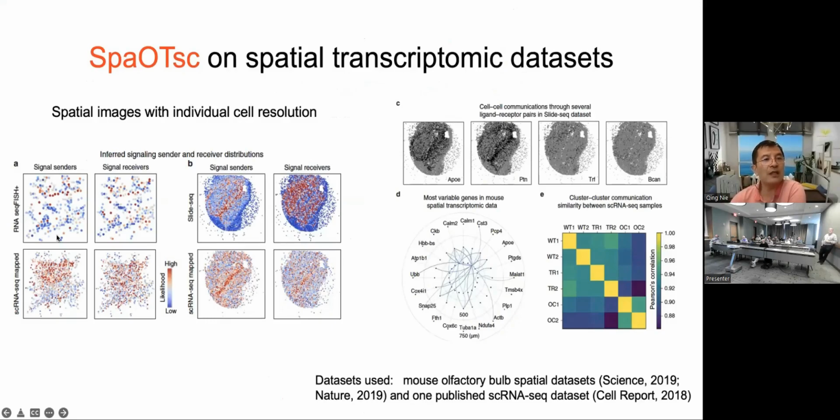Those are the individual cells. Basically, individual cells you can measure in space. It's a very simple space, and each dot has 20-some thousand genes of information. Then you can analyze the communications.